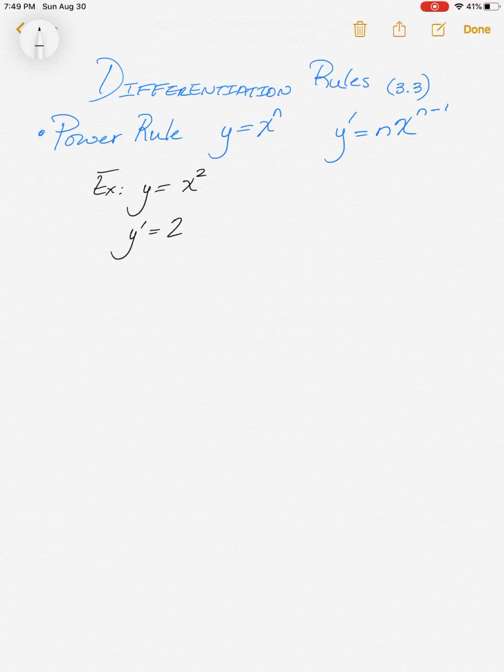Power rule: I look at the variable, I look at the power. Bring the power down front, multiply it, now it's a factor. The new power is 2 minus 1, so we have 2 times x to the 2 minus 1, and we know that to be 2x.